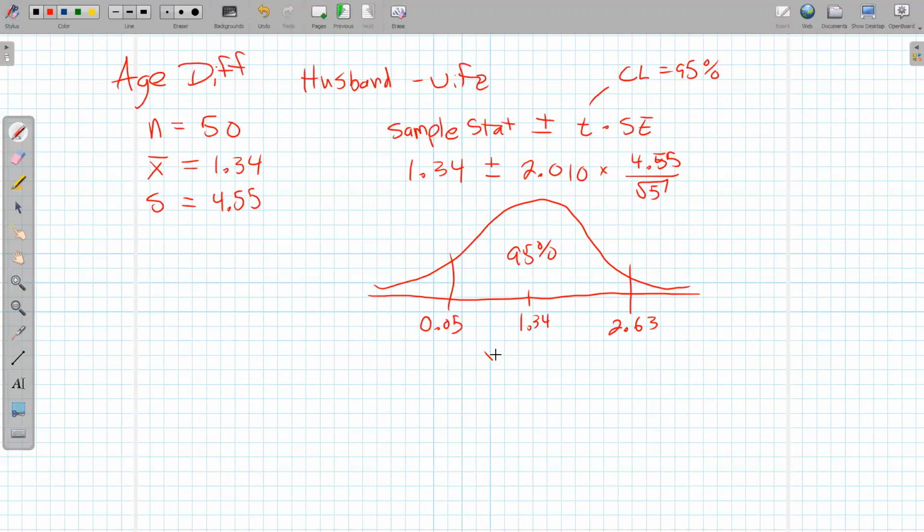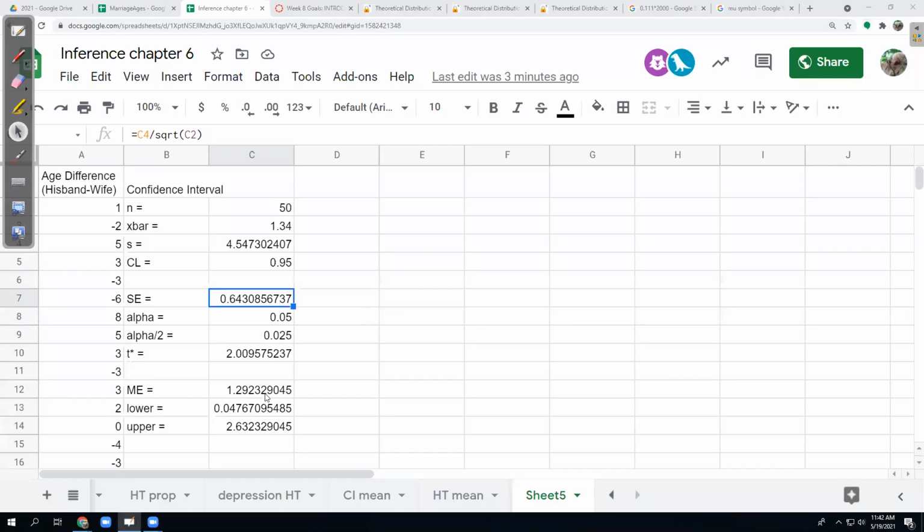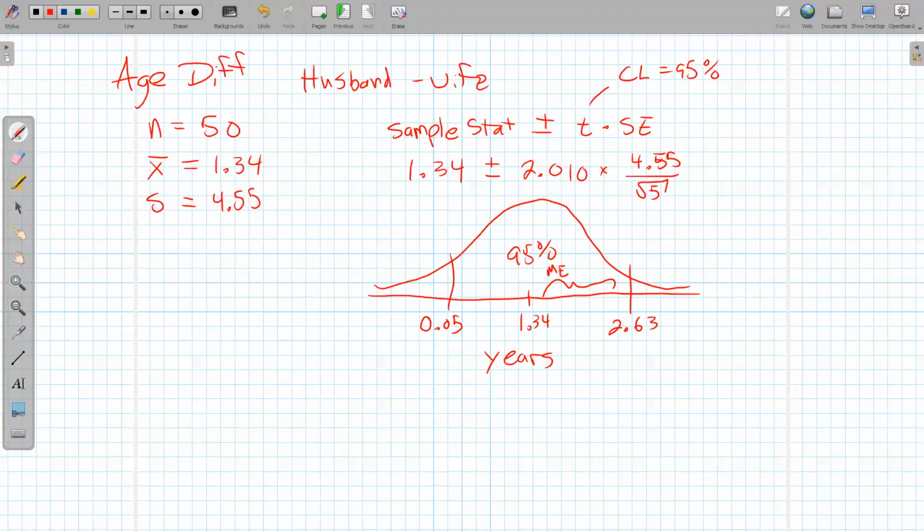These numbers are in years down here. Our margin of error was about 1.29 years. So that's what we discovered.